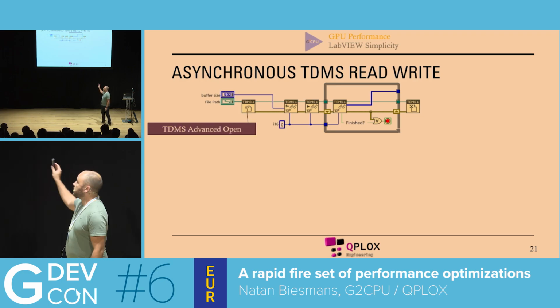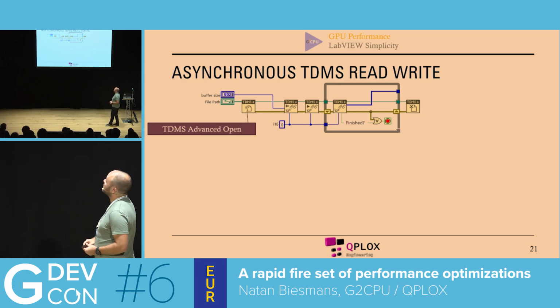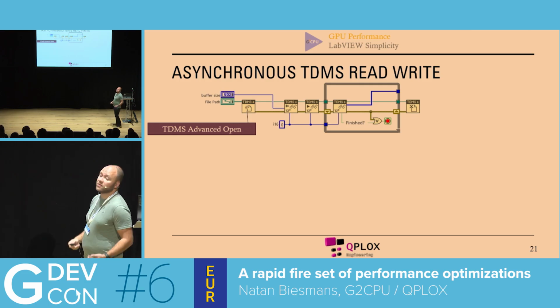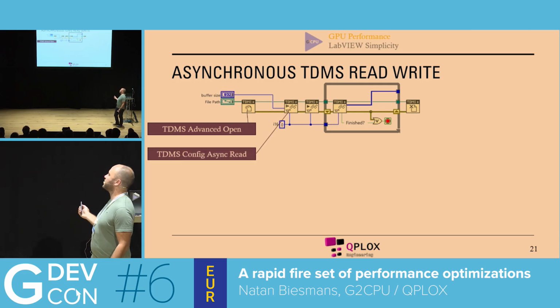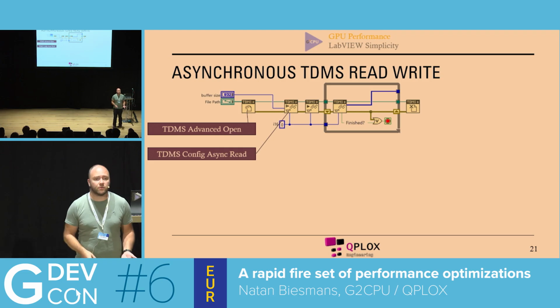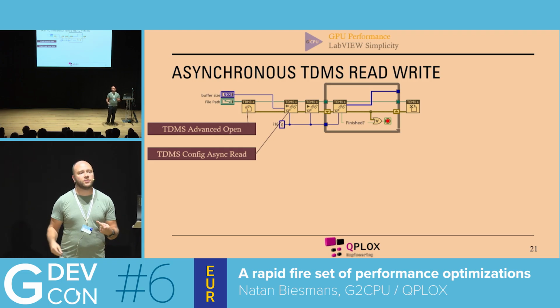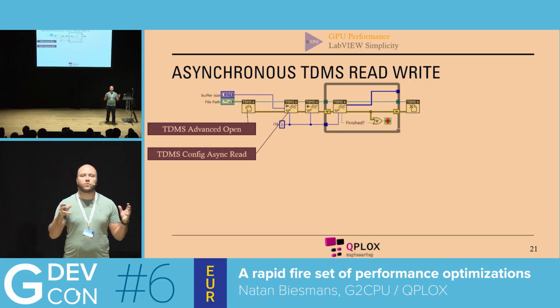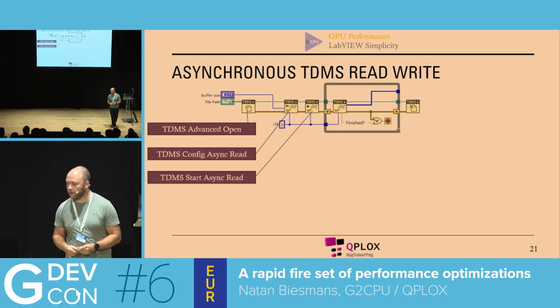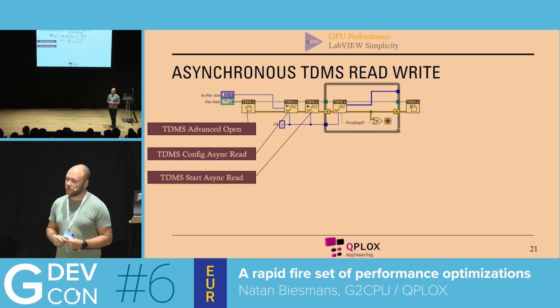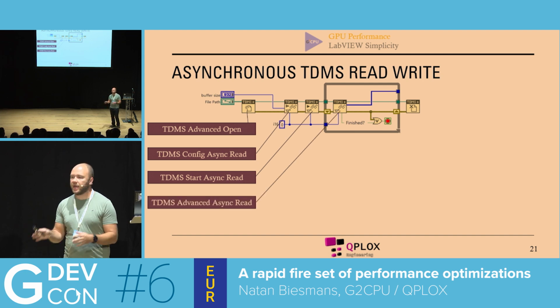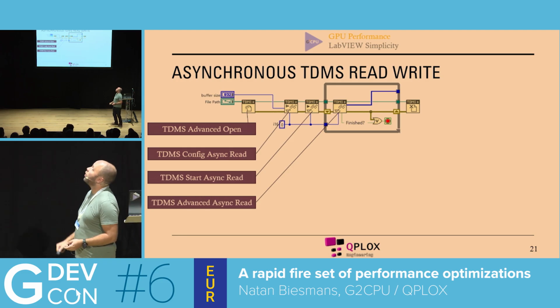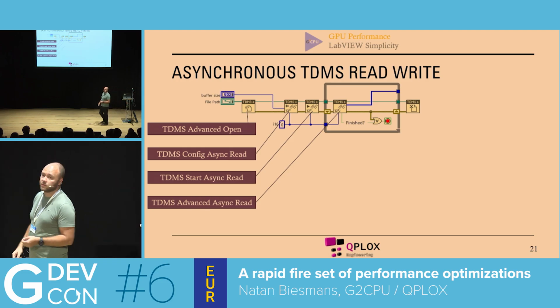So in this case, the asynchronous TDMS read-writes, well, first of all, we do an advanced open. Please keep in mind this is different than the regular TDMS open. We're doing a configuration. We're telling it how many threads we want to use at the same time, and how much we are going to read at the same time. And then once that's done, we tell it, okay, start your threads, start reading, and it's going to happen in parallel while our while loop here is constantly reading.